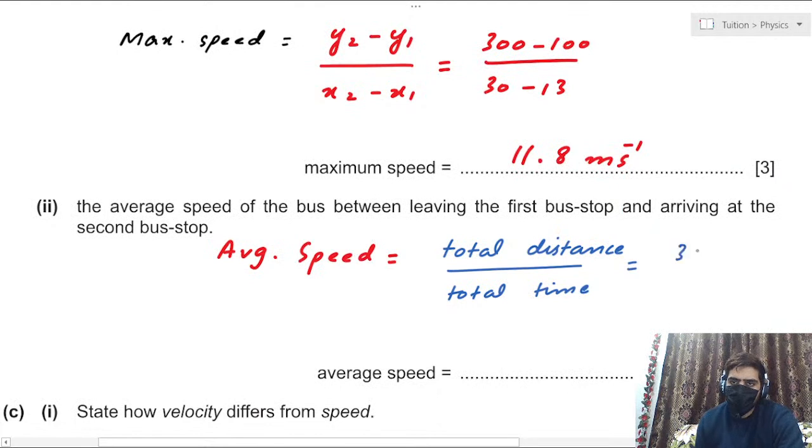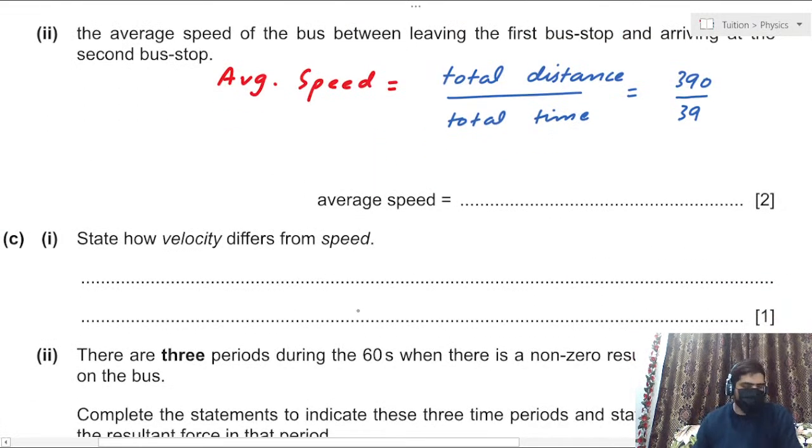So 390 divided by 39 is straightforward: 39 tens are 390. So the average speed is 10 meters per second.